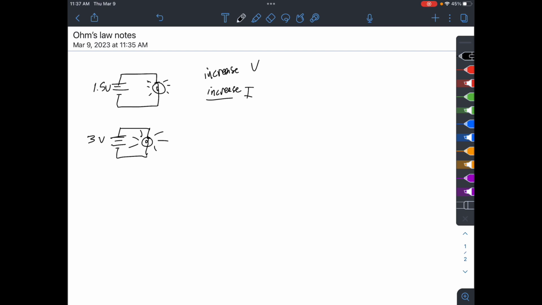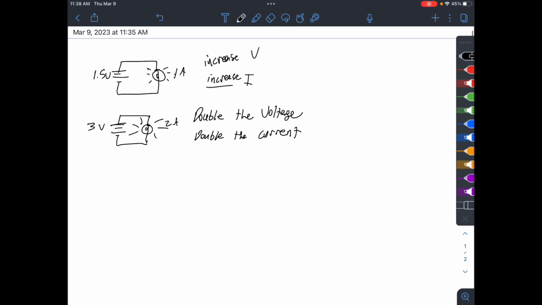It's related to the current and the voltage together, but essentially that's what happens. If we double the voltage, we double the current. So if this was 1 amp, now 2 amps would be running through the bulb. This relationship is a direct relationship.